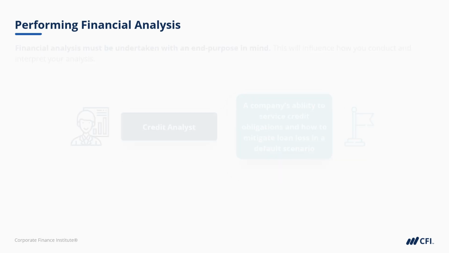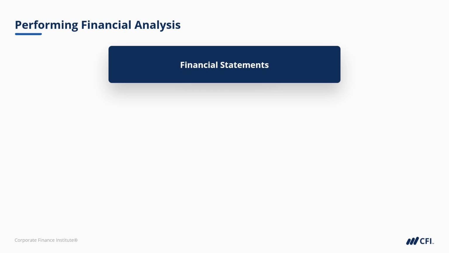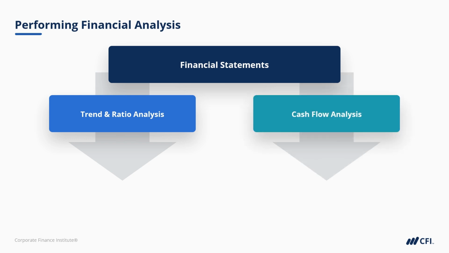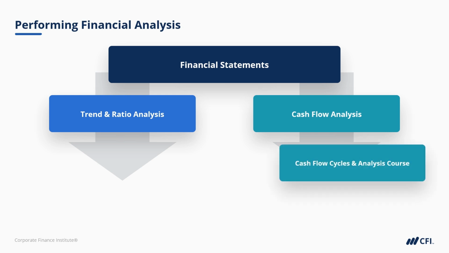With a set of financial statements, you'll be able to perform a trend and ratio analysis to accompany the cash flow analysis that you'll need to perform. Note that we cover cash flow analysis in detail in our Cash Flow Cycles and Analysis course as part of the CBCA certification program.